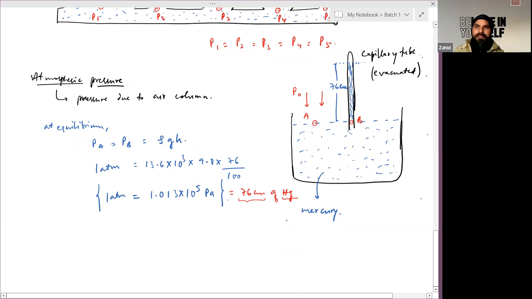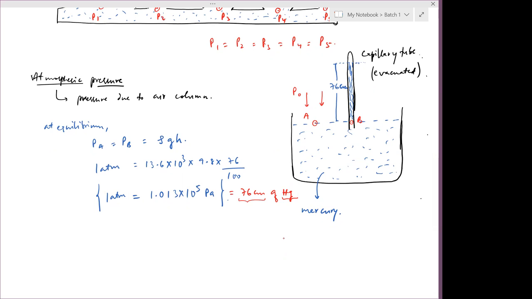So pressure may be given in terms of its vertical column, and you may convert it using the concept of gauge pressure into normal pressure. Hamza, any doubt? No, sir, no doubt.